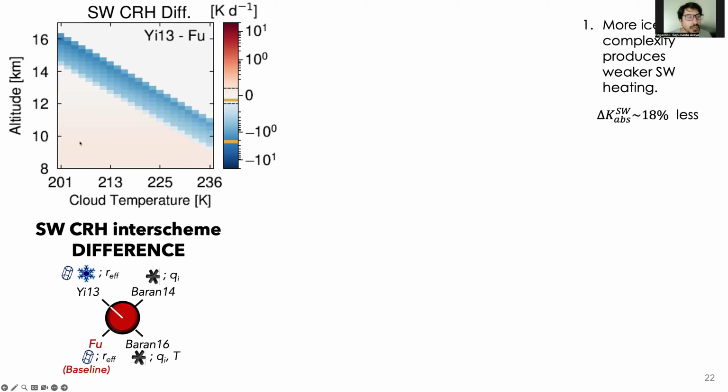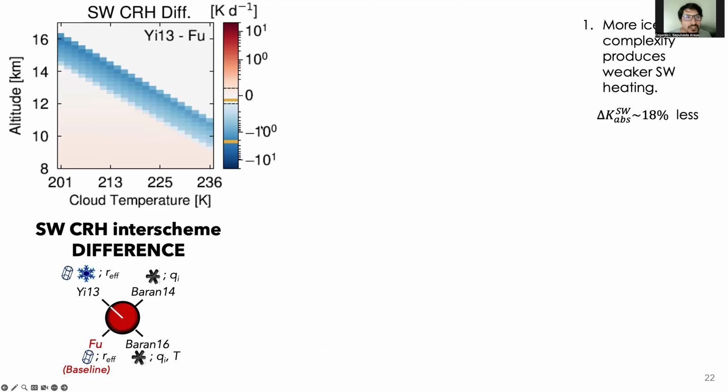In the shortwave cloud-radiative heating difference, keep in mind that we are just showing the difference of the heating rates. We have negative values when we compare the E scheme relative to Fu. In other words, including more complexity helps to absorb less shortwave radiation, and that means the heating rate will be weaker. So we have more ice complexity producing weaker shortwave heating.